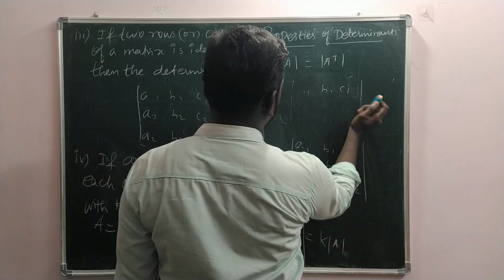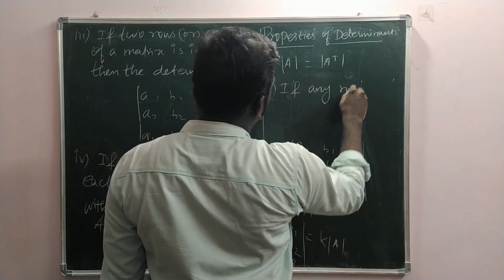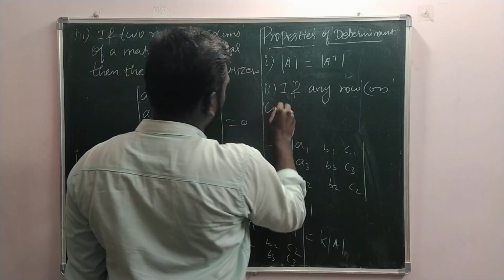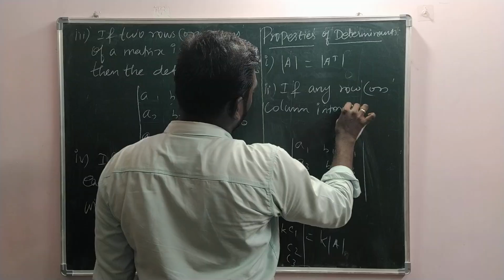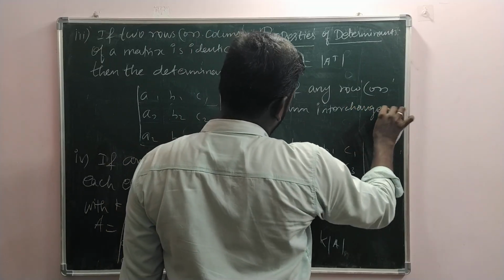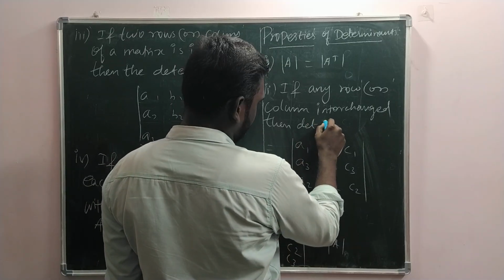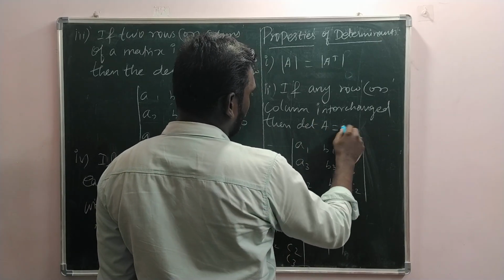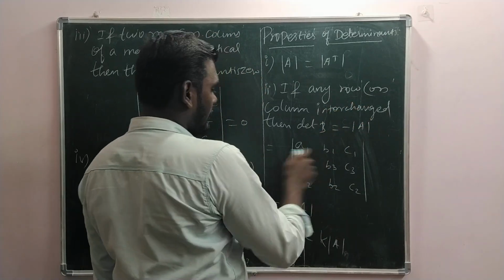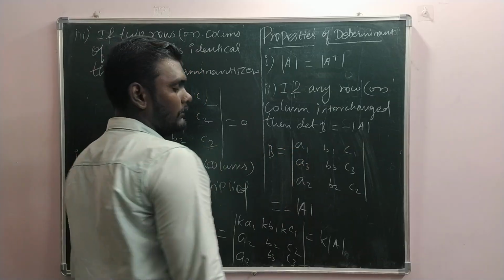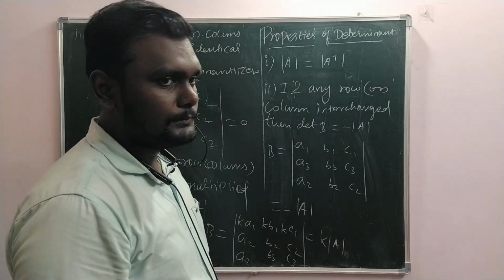I will write: if any row or column is interchanged, then the determinant of the new matrix is equal to minus the determinant of A. After interchanging, we get a new matrix, and that matrix's determinant is simply the negative of the previous.